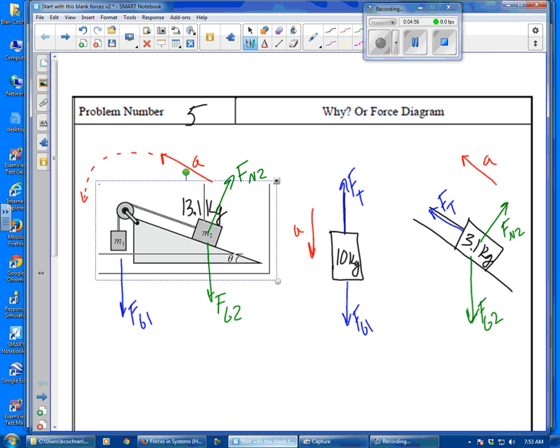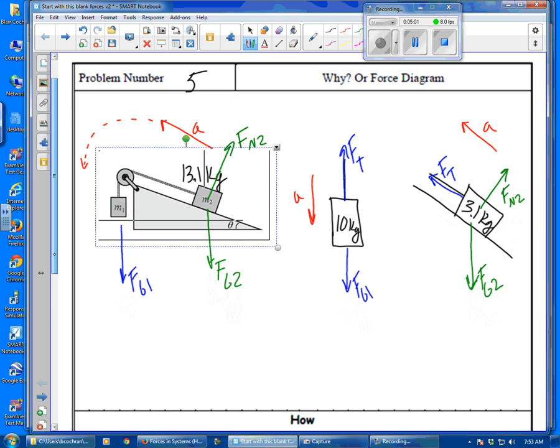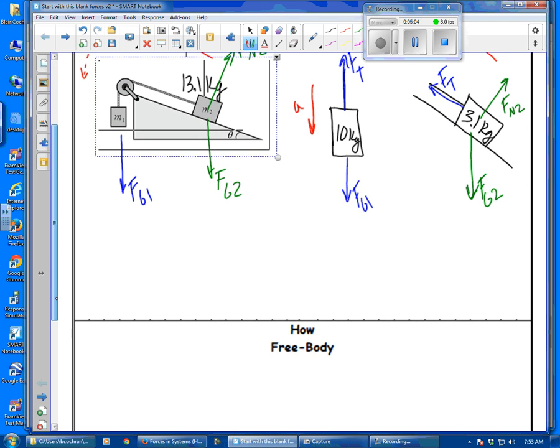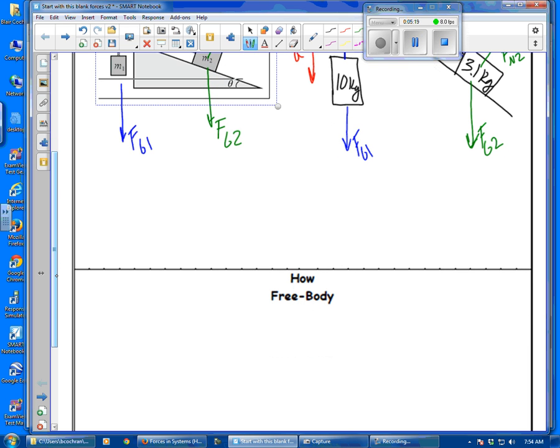What I'm going to do just below this, just to get math out of the way. The only thing that's in two dimensions is that FG2. So I'm going to right away resolve that into its parts, and I would have FG2 down this way. I would have one part points this way, and the other part that points that way.